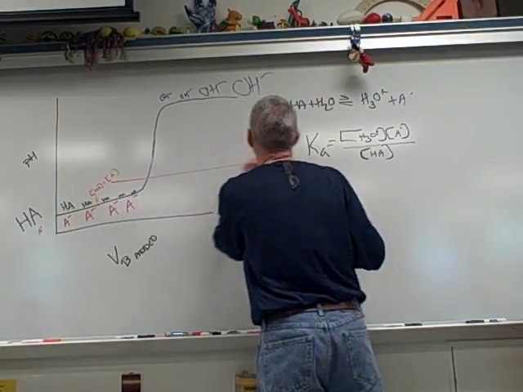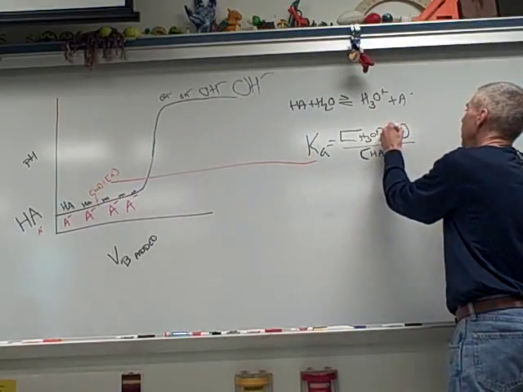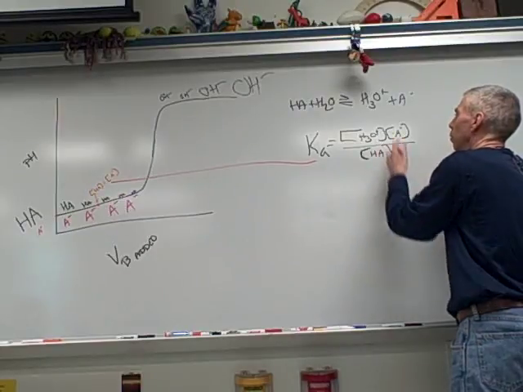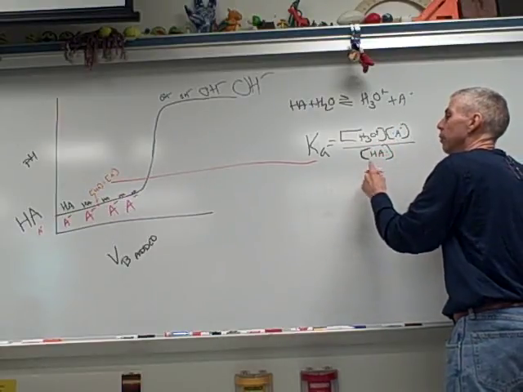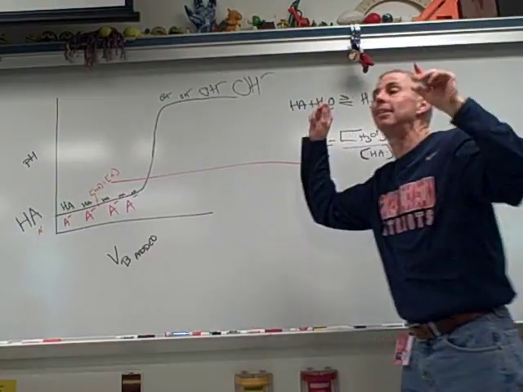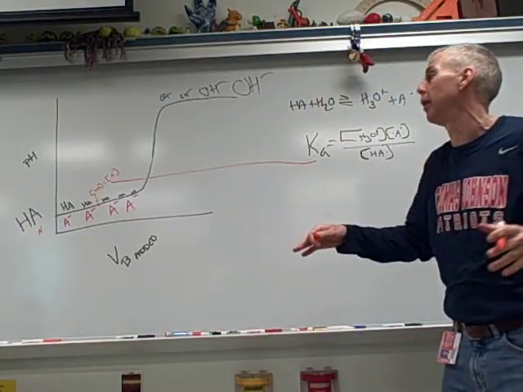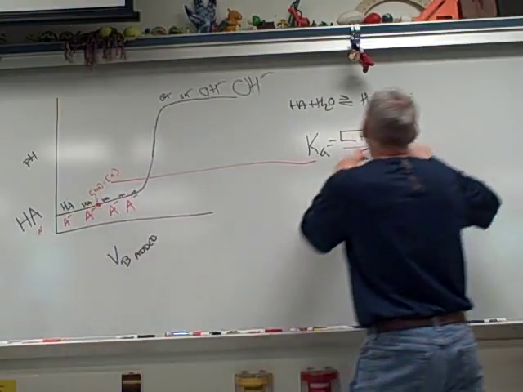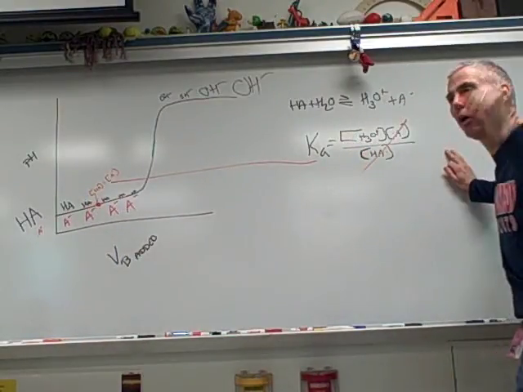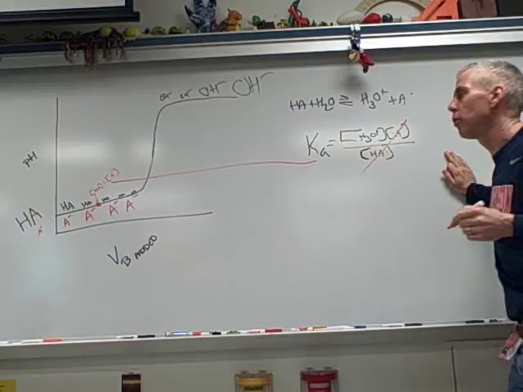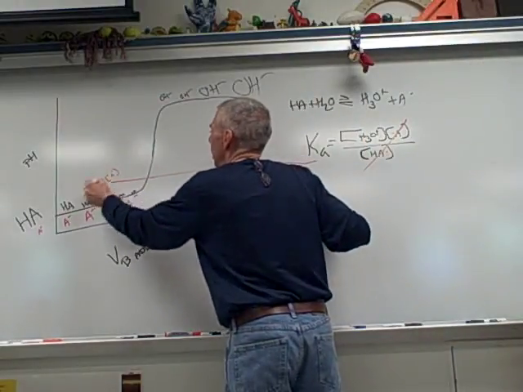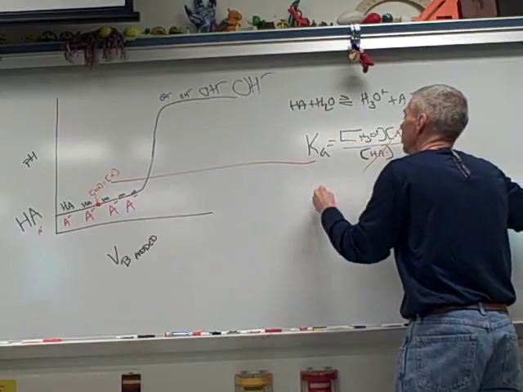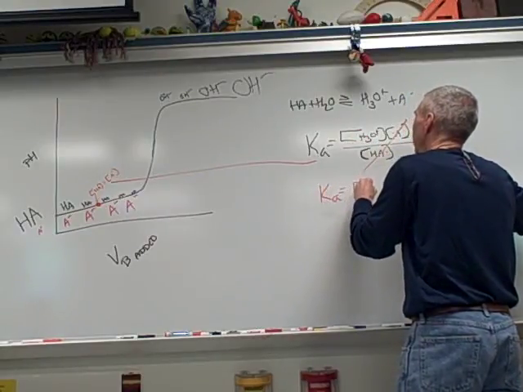If these two are equal, what do they do? They cancel. If you forget everything else I've said this period, this right here is the only point where this is true and these cancel. So where you can find exactly where HA equals A minus, then Ka equals the concentration of H3O plus at that point.